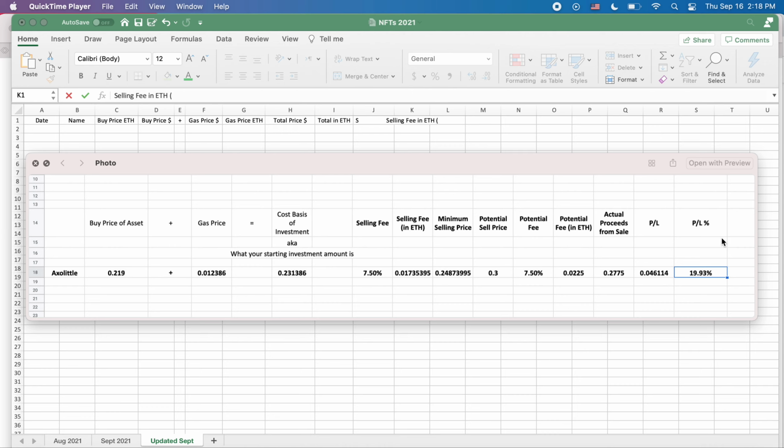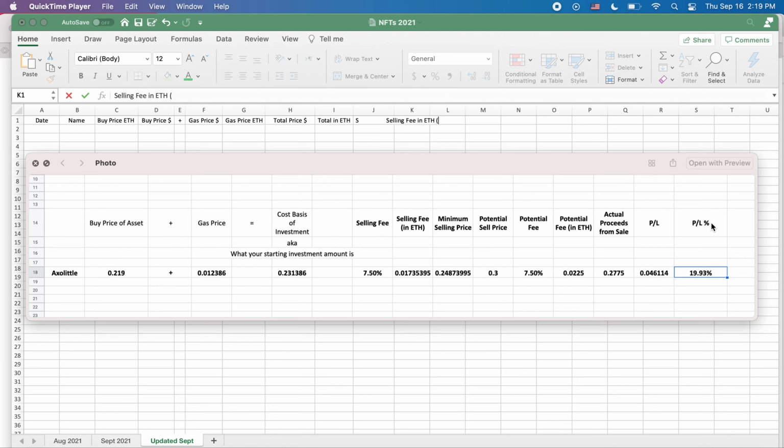Oh, I got it. So this is in ETH. It's the difference between the actual proceeds of the sale in ETH and the cost, this minus this. Okay?